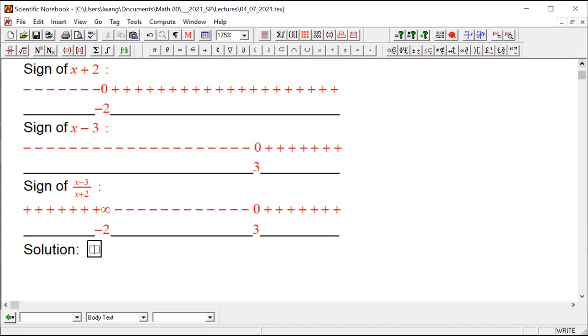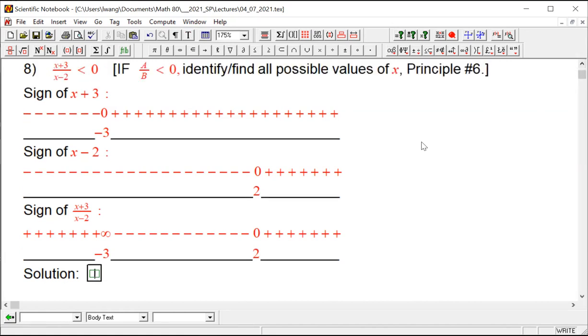Oh, wait, I made some mistake. Don't ignore what I did, just keep doing what you're doing. My bad. Plus 3, x minus 2, plus 3, minus 2, minus 3, positive 2. I think this should do it. Did I make any mistakes? You have to check your work, right?